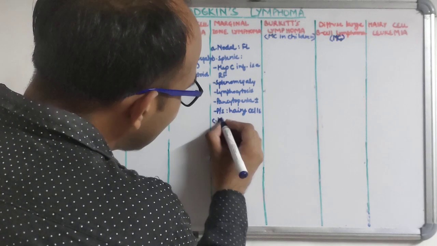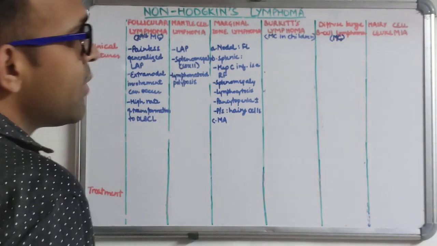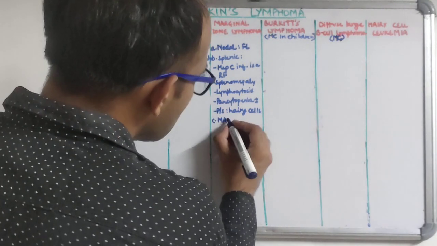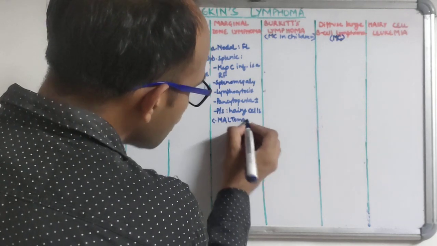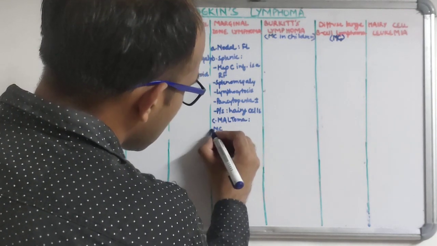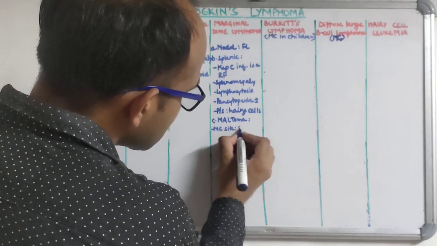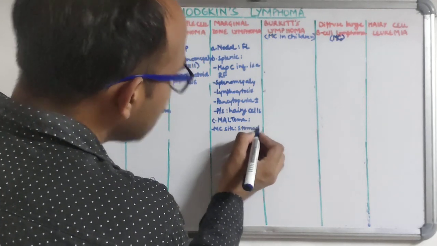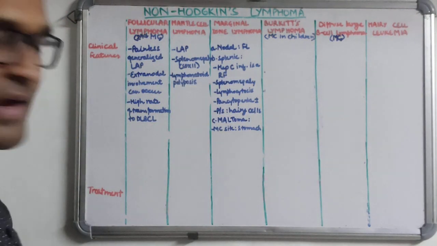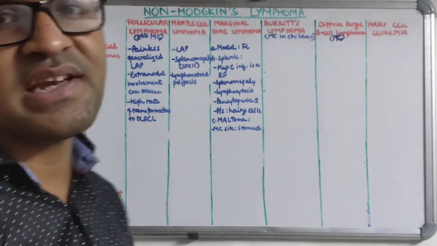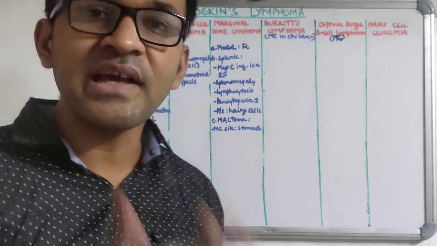If I talk about the maltoma, the extranodal marginal zone lymphoma of MALT tissue, which is called as maltoma. So the most common site is stomach. And let me tell you, marginal zone lymphoma is the only type which is seen in association with chronic infections.